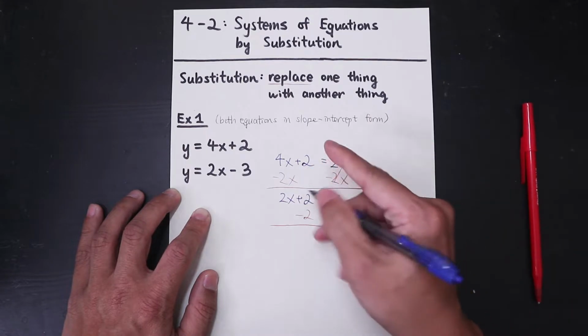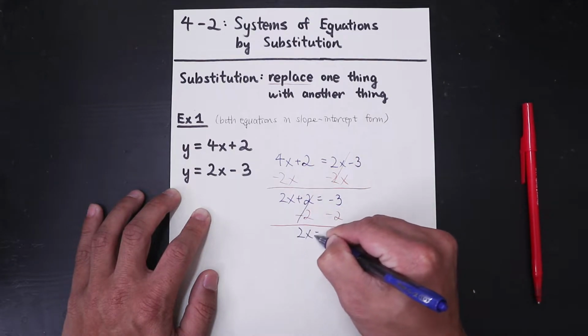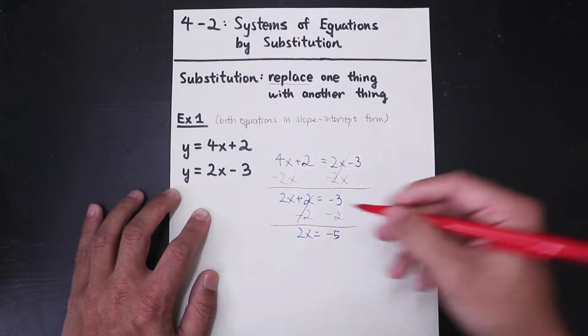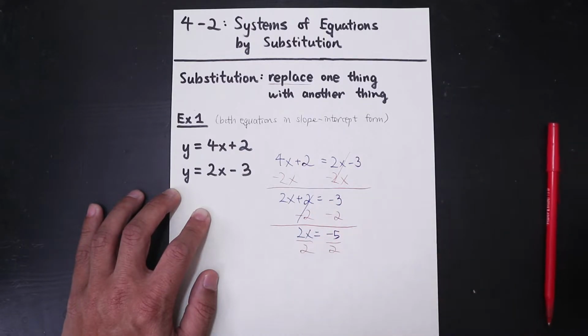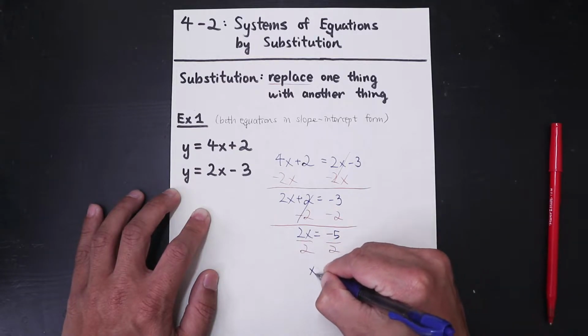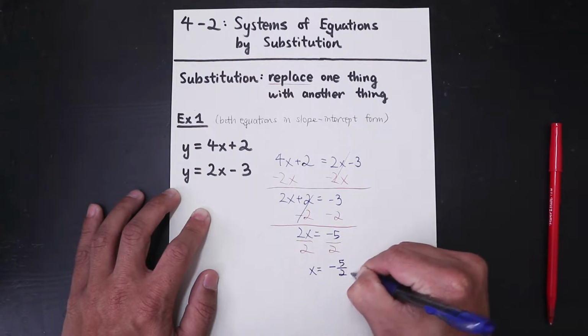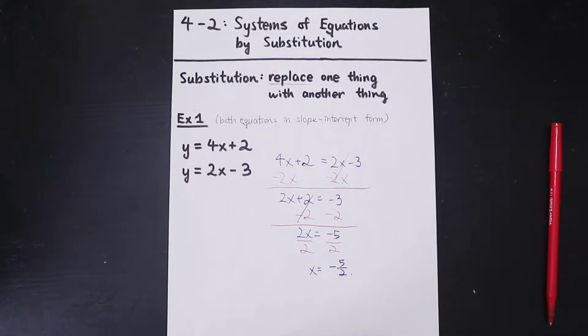So you have 2x is equal to negative 5. And then at the end, you divide both sides by 2. Now, 5 cannot divide by 2 evenly, but we're going to keep it as a fraction. So x is equal to negative 5/2. You have a negative fraction, but that is okay.